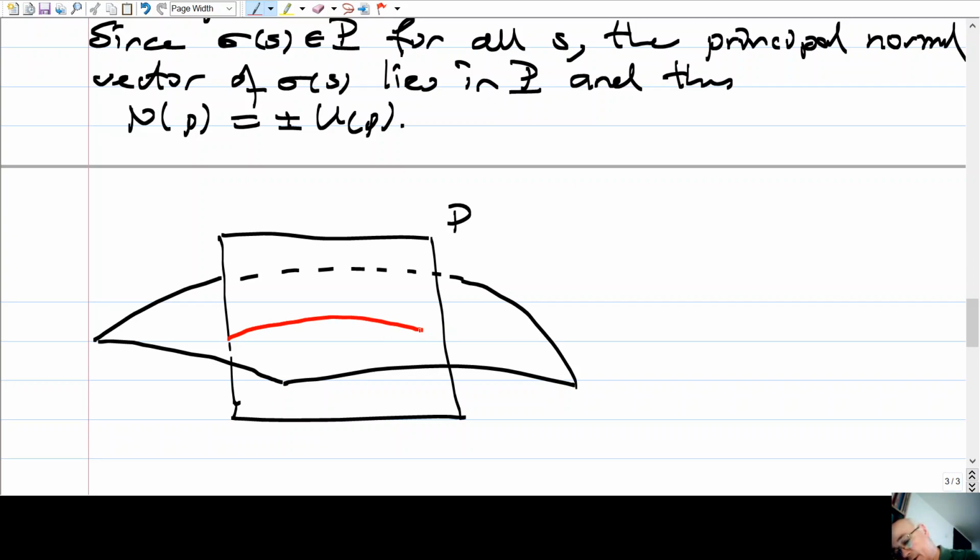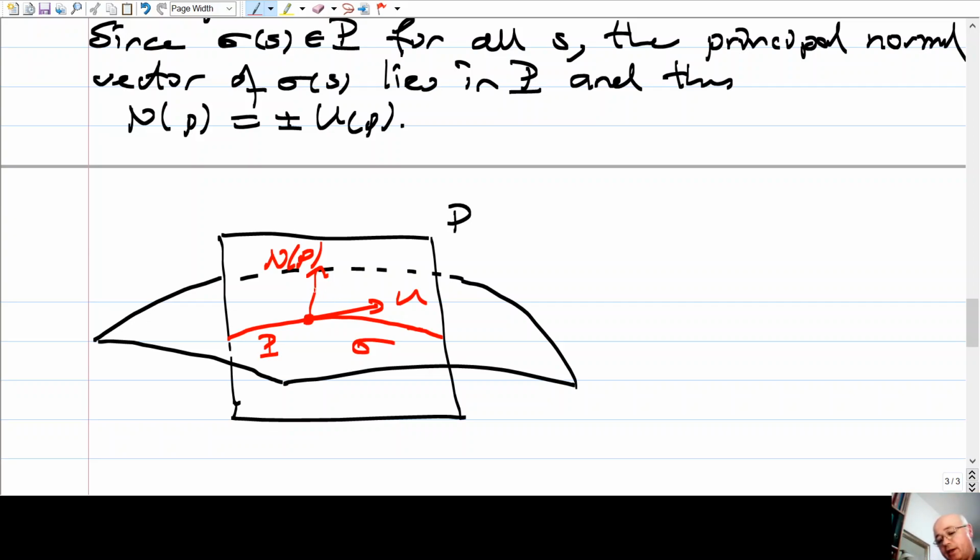Let's say this is sigma, and at a point here P, my normal vector to the surface is this. This is n P, and my tangent vector is u.